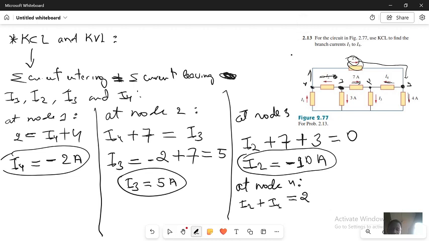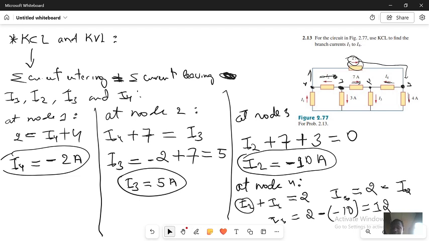Now I want to find I1, so I1 equals 2 minus, I will take this I2 to this side, minus I2. So finally I get the value of I1 equal to 2 minus the value of I2, which is minus 10, equal to 12 ampere.